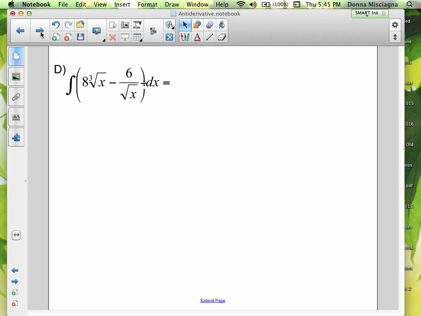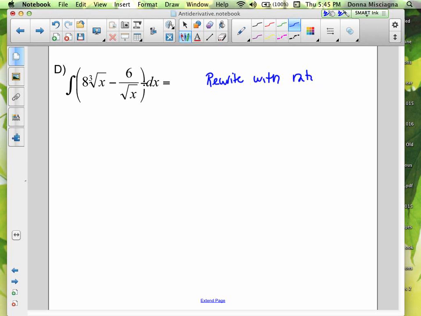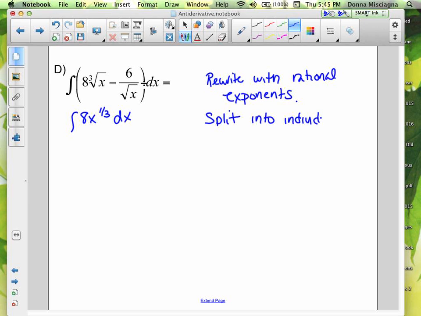All right, so first thing we need to do here is rewrite with rational exponents. So we have the integral of 8x to the 1/3. And actually, I'm going to split it up as well, into individual terms.